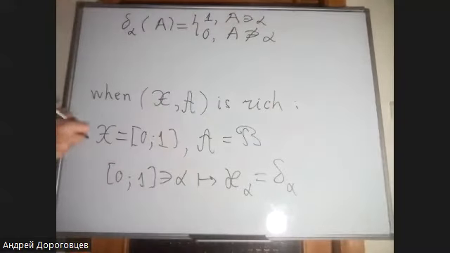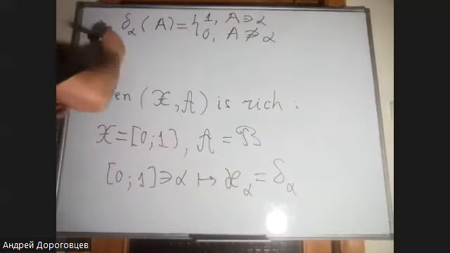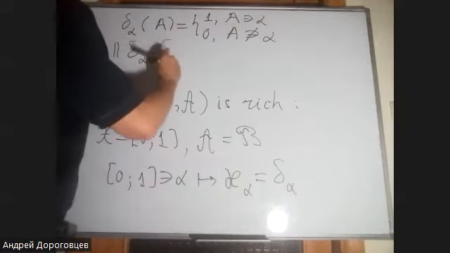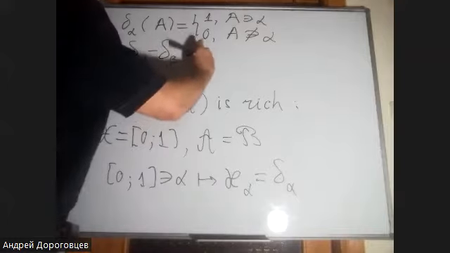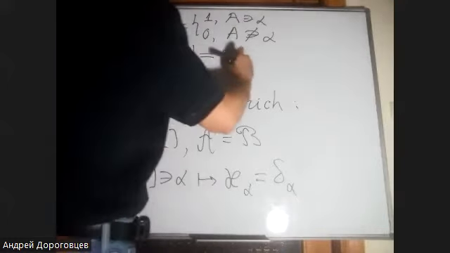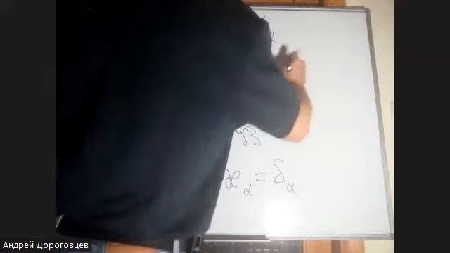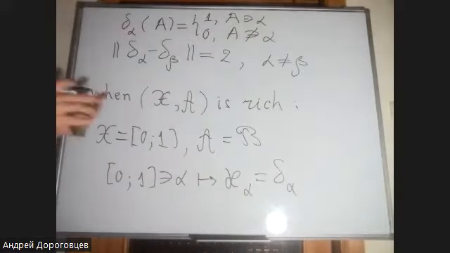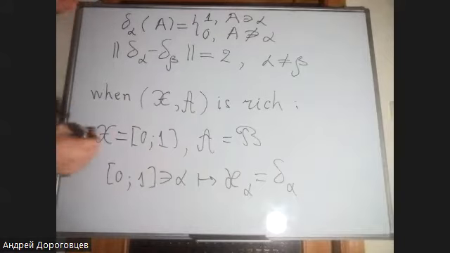So it is evident that the norm of delta alpha minus delta beta is equal to 2 when alpha is not equal to beta. Again, we have an uncountable family of elements of our space which have such distance. Okay.